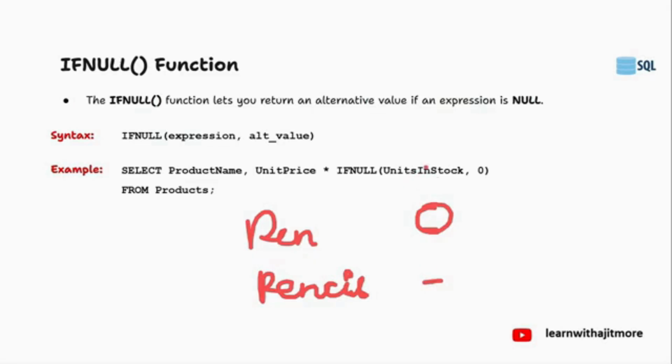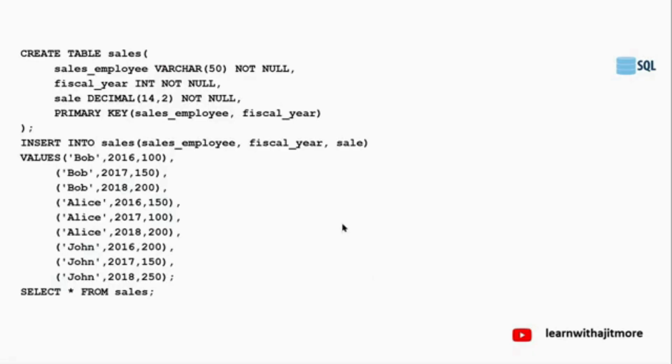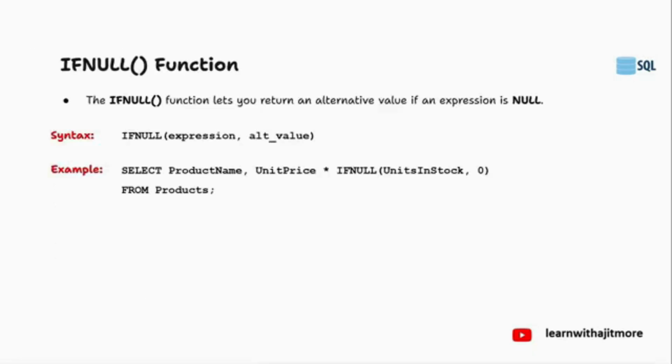So if units in stock is 5 and the price is 100, 5 into 100, you'll get 500. But if units in stock is null, then it will take 0, and 0 multiplied by anything is 0. This is one example. Instead, I'll show you another example.